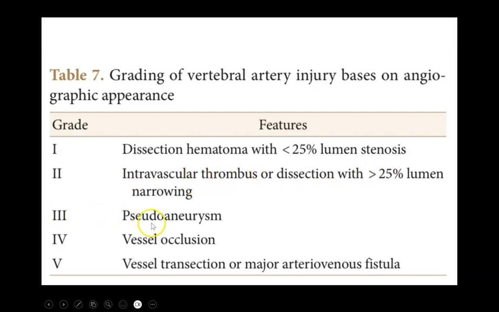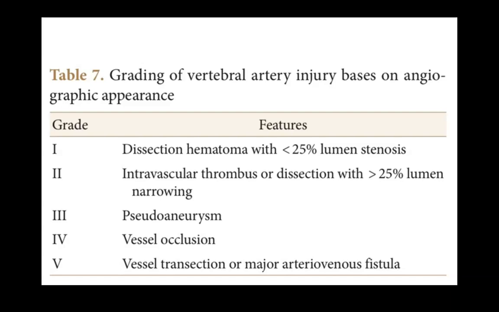And grade 3 is pseudoaneurysm. And grade 4, complete vessel occlusion. And grade 5, vessel transection or major AVM. So after you finish the grading of the cervical injury, you do the CT angiography, and you have the grading.